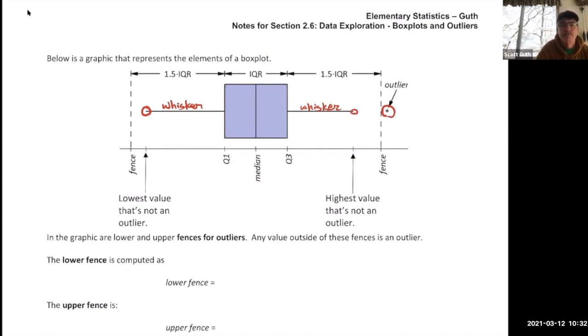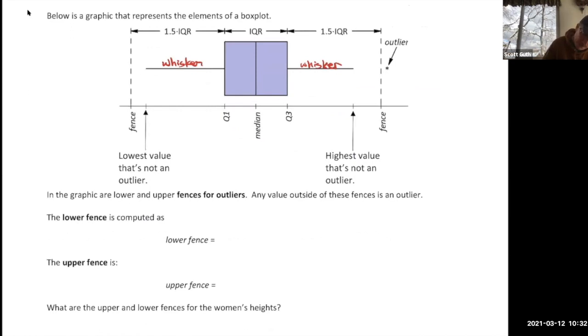Okay. Outliers are determined by fences. Okay, so the fences are represented with these dashed lines. Anything that goes past the fence is an outlier.